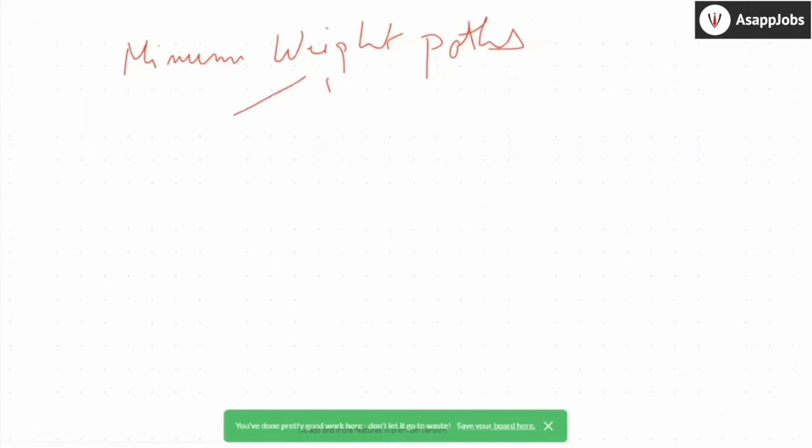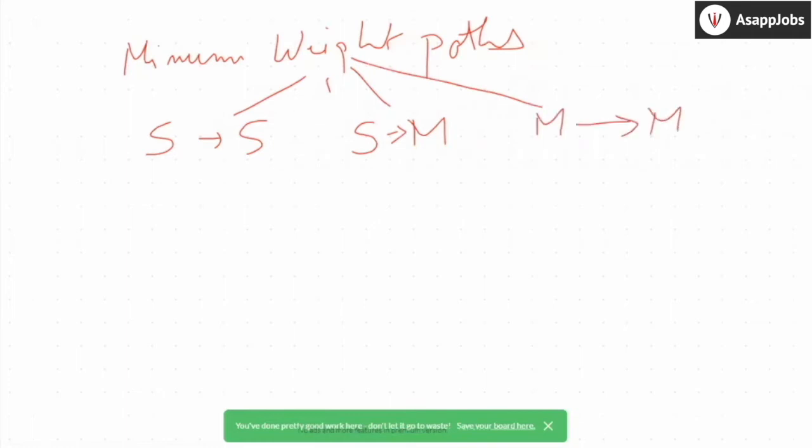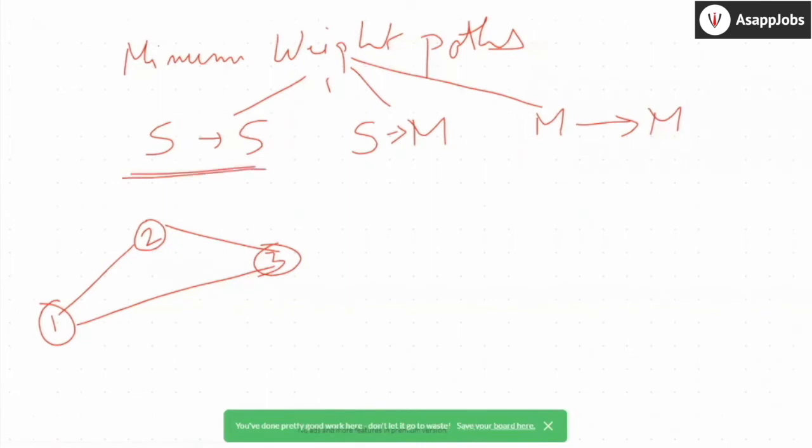You can say single source to single destination, single source to multiple destinations, and multiple sources to multiple destinations. What it means is, you have a graph like this. Here, if I'm just worried about finding the minimum path from 1 to 3, that problem will come in this particular set, single source, single destination.